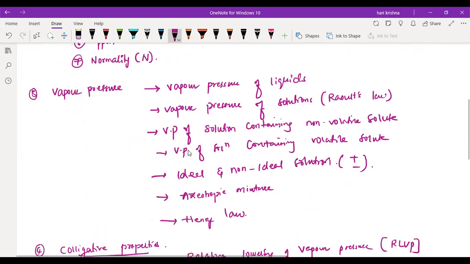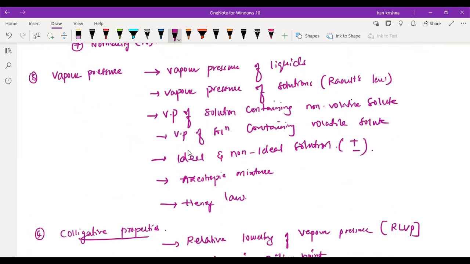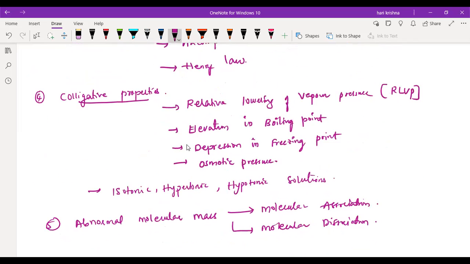Next, vapor pressure of liquid, vapor pressure of solutions, vapor pressure of solution containing non-volatile solute, vapor pressure of solution containing volatile solute, ideal and non-ideal, azeotropic mixture, Henry's law. These are the complete topics about the vapor pressure of solutions. After this, we have the colligative properties.